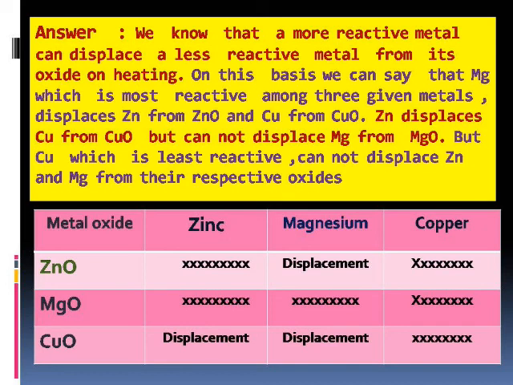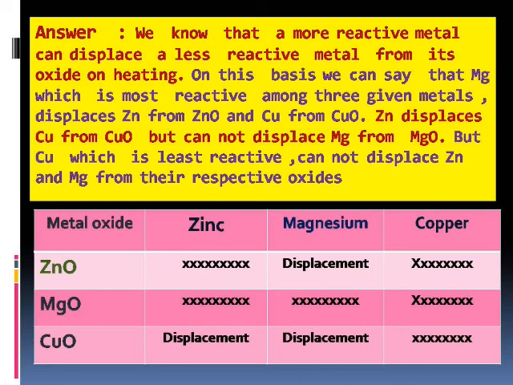So, magnesium metal is able to displace zinc from zinc oxide and copper from copper oxide. But zinc and copper metals are not able to displace magnesium from magnesium oxide.